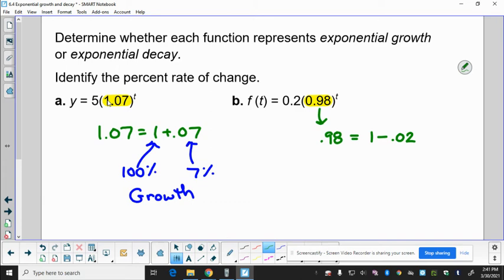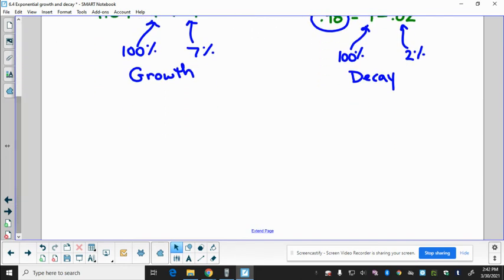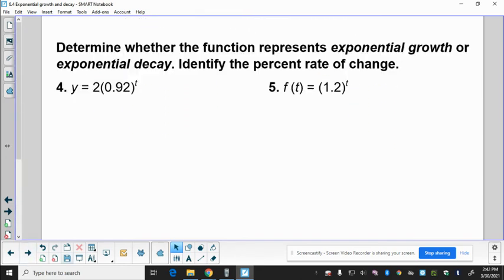And that means that this number here represents 100% of the original amount. This number as a percentage is 2%. So this is exponential decay because the original value was under 1 and you are losing 2%. All right, everybody try those.